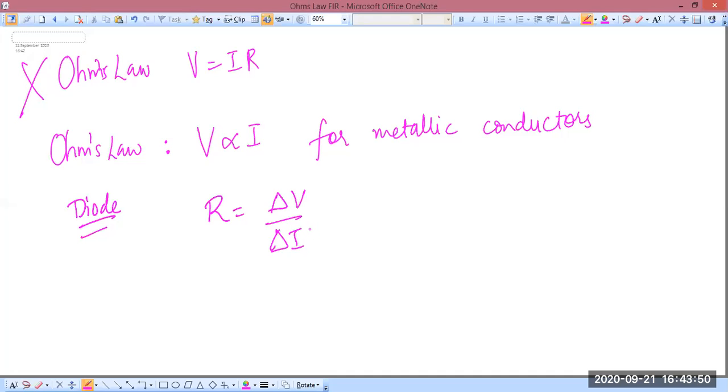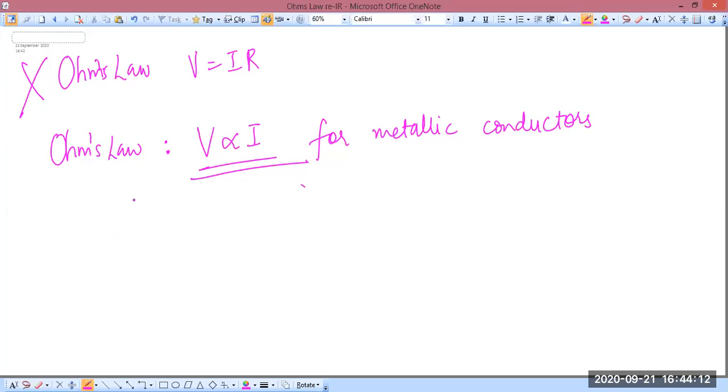So you can clearly see that this kind of relation is valid for diodes also, but truly speaking diodes don't follow Ohm's law, because this is not Ohm's law. Ohm's law is this, right? V equal to IR is not Ohm's law. Please be careful. V proportional to I is Ohm's law, right?